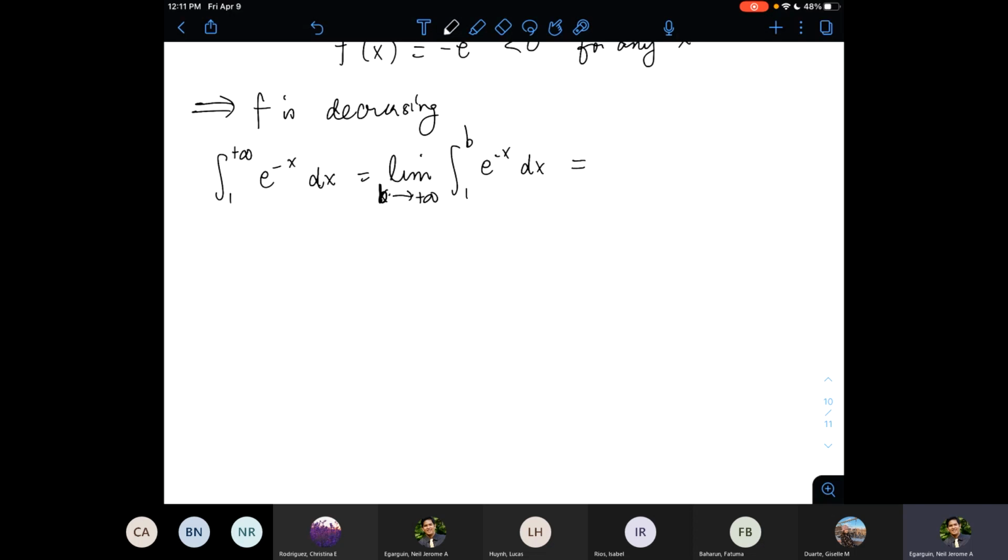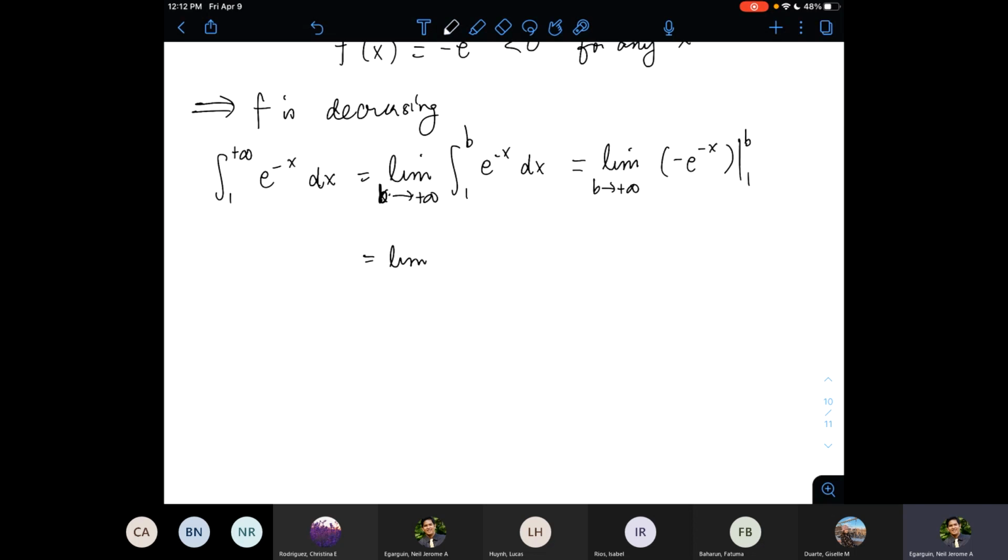You can let u be equal to negative x, giving you du equals negative dx. So this would be the limit of minus e to the minus x evaluated from 1 to b as b approaches positive infinity. Again, all that I did there is use u substitution to evaluate the integral.